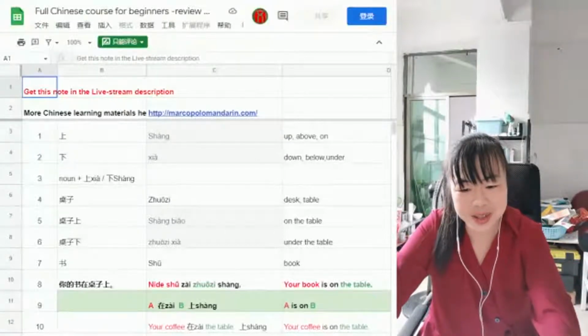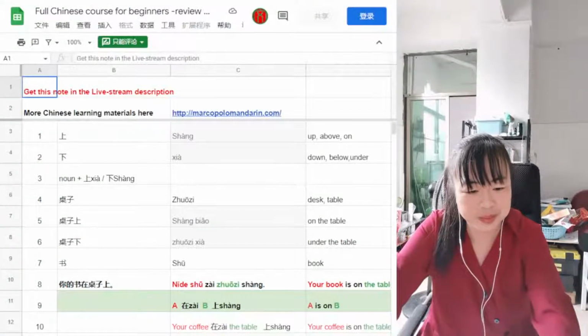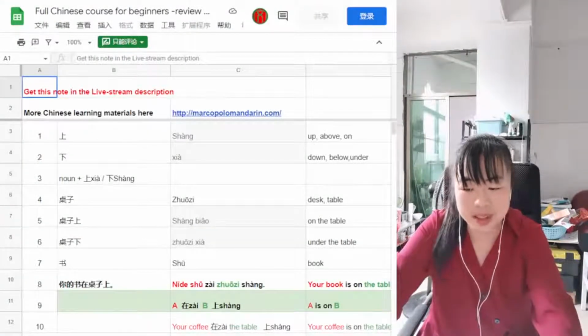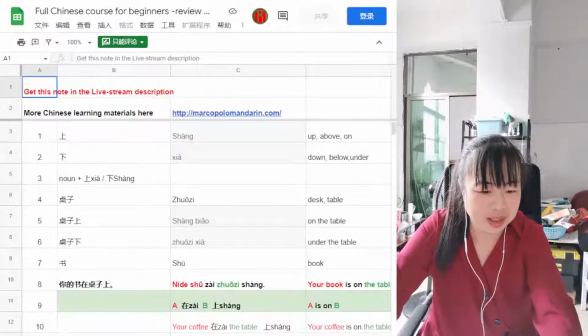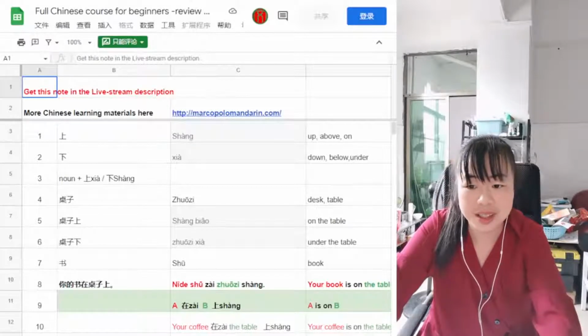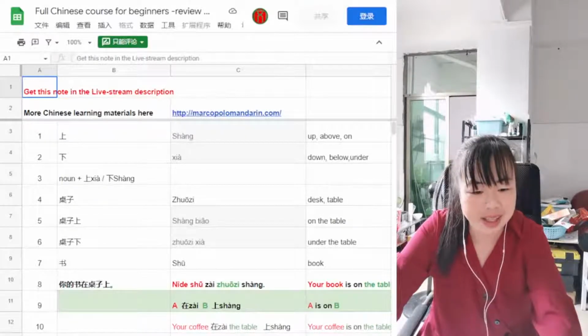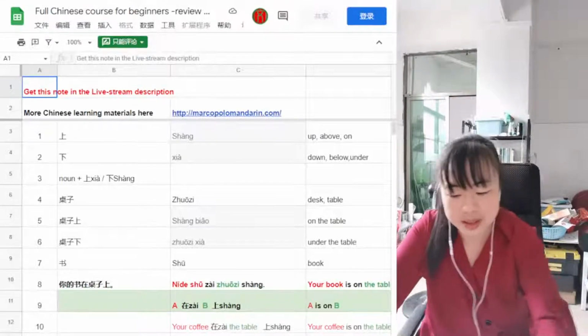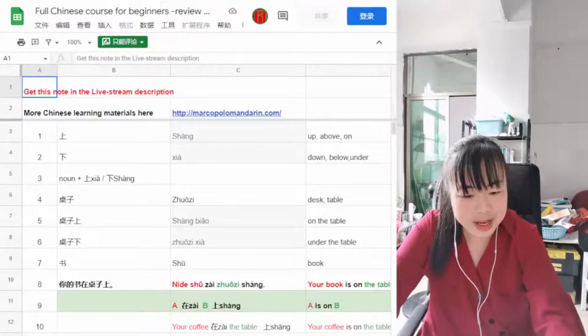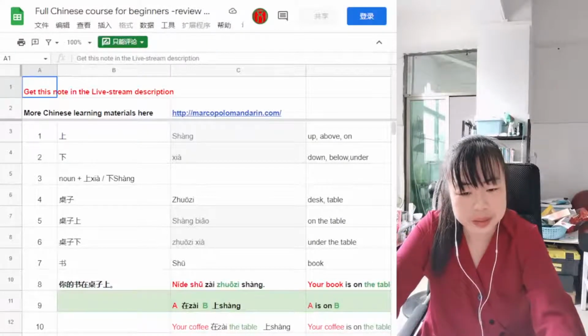Okay, so I'm typing the pinyin. 我的电脑, which is red. And then 在, we keep it there.